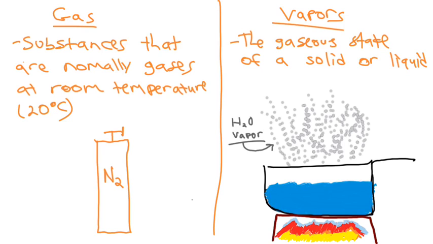So as it stands right now, you can clearly see the difference between the two. Nitrogen at room temperature is a gas. Water, or dihydrogen monoxide, or H2O, is normally a liquid at room temperature. But when you heat it up, you see the steam. Now you're talking about vapors.